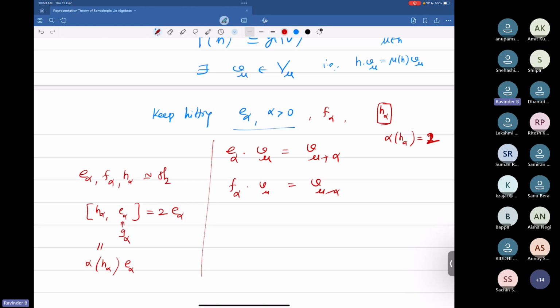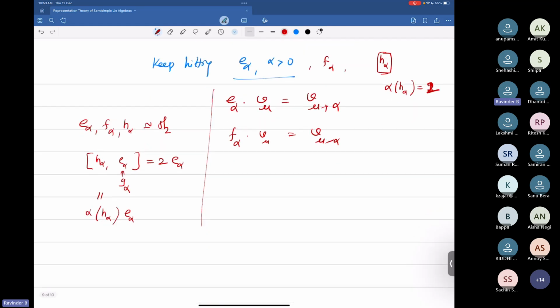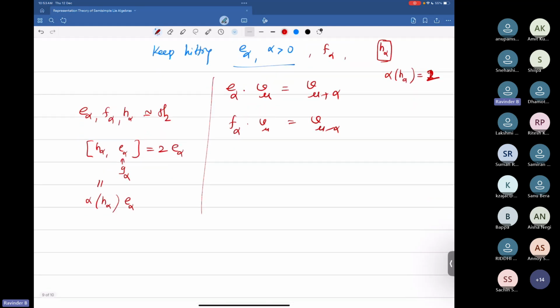Basically the same argument applies, because the eigenvalues are now functionals, not scalars. The point I used in the proof is that eigenvectors corresponding to distinct eigenvalues are linearly independent. I am in a finite dimensional space, so I can't have infinitely many linearly independent vectors. Here also you can use the same argument by evaluating at one h.